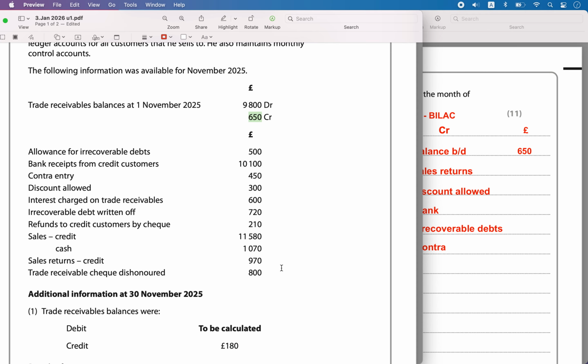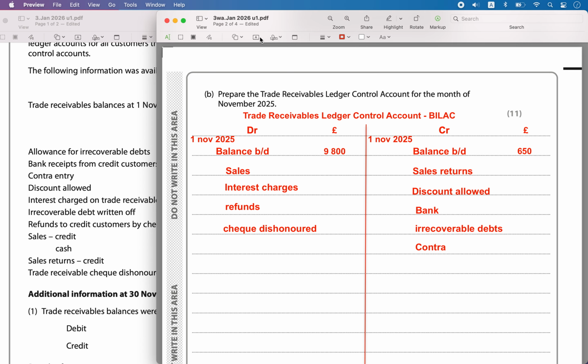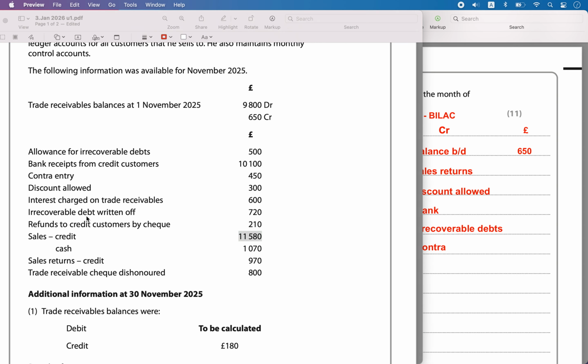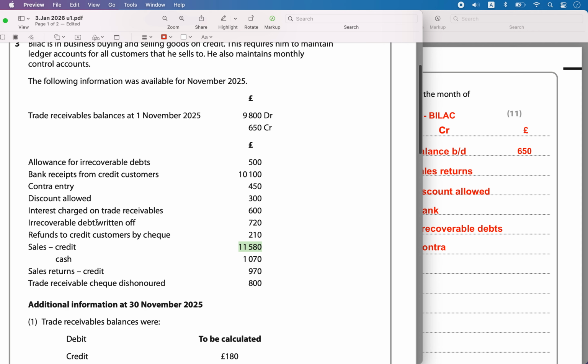Then the sales. You will take only the credit sales. The cash sales will go into the bank. So this is going to come here: 11,580. Then we have the sales returns.